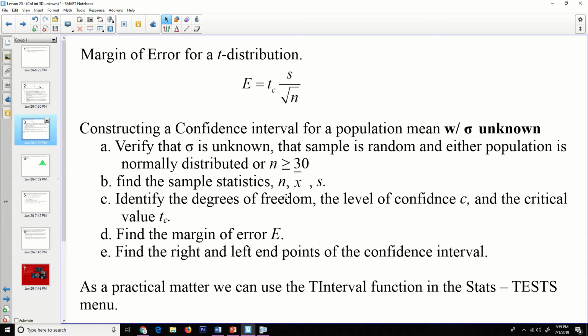We'll identify the degrees of freedom, the confidence level c, and then the critical value t, which we'll calculate with our graphing calculator. I'll show that in a moment. We'll find the margin of error, and then to find the right and left endpoints of the confidence interval, we add and subtract this element from the mean value.